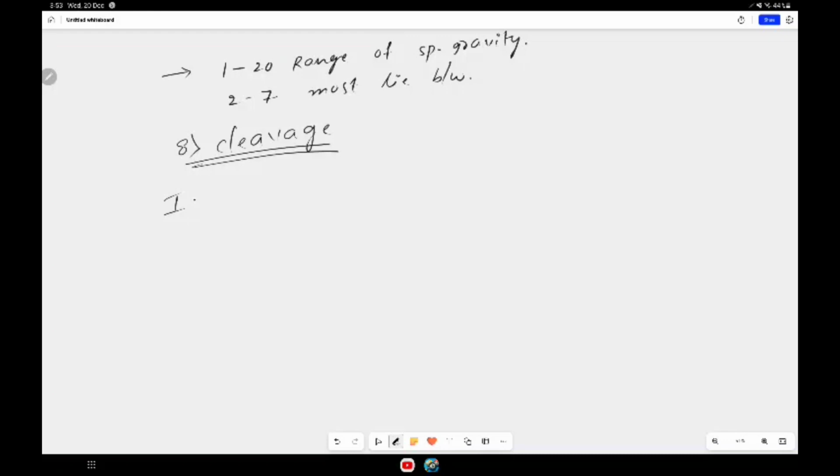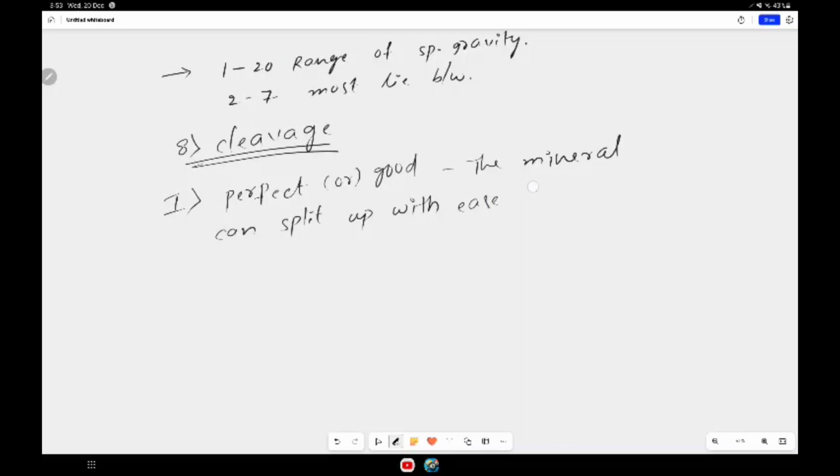When it is perfect or good cleavage, the mineral can split with ease and gives a smooth surface.